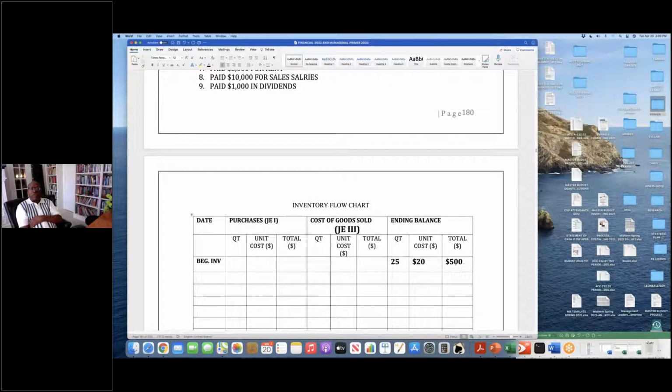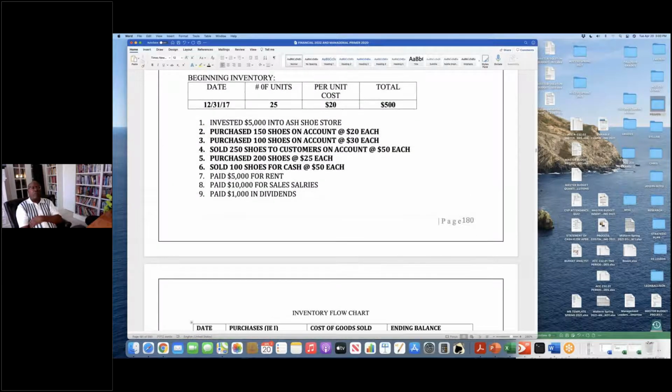So the first thing you would have done was to put that beginning inventory in. So let's do 2, 3, and 4. When you get to 4 and get that done, we'll stop.